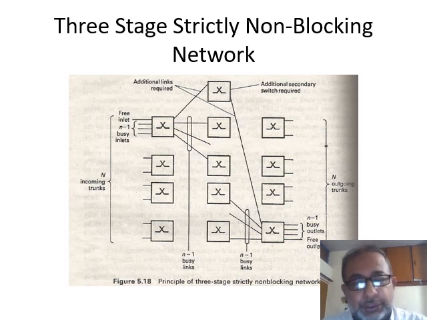Now, I would like you to see a switching network in which we have capital N incoming and capital N outgoing trunks, and if we have n minus 1 busy inlets per primary switch and n minus 1 busy outlets per tertiary switch, then one free inlet in one primary switch and one free outlet in one tertiary switch, what would be the effect of such a system?